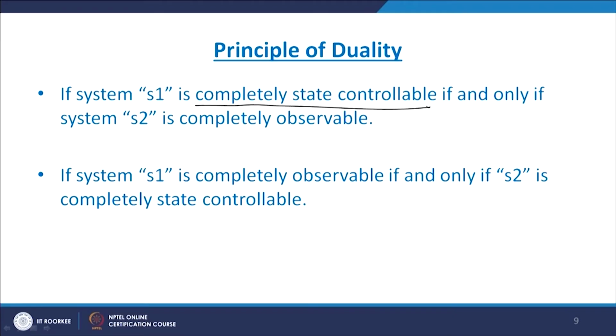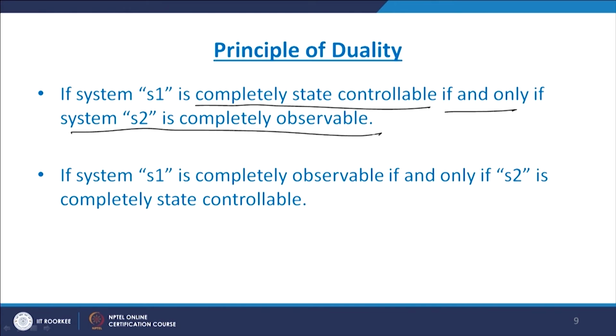Now about the principle of duality. So what is meant by the principle of duality? It is said that if the system S1 is completely state controllable, we have seen what is meant by controllability, if and only if the system S2 is completely observable.